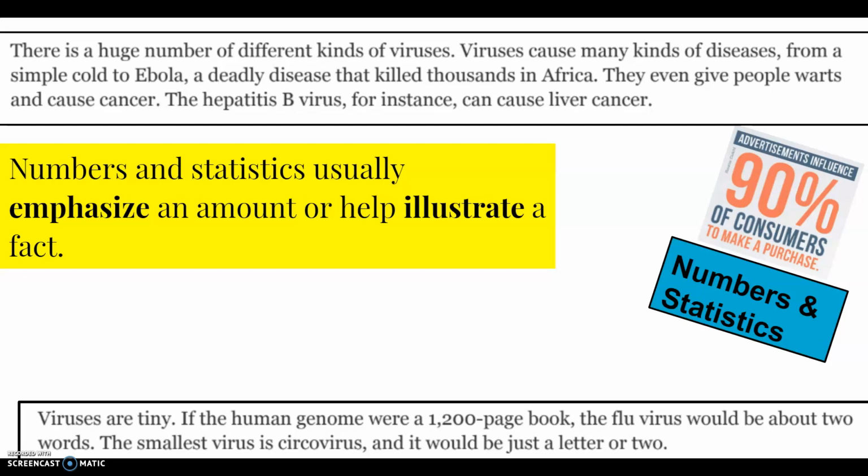He's also emphasizing that viruses are teeny tiny, and then says the smallest virus is the circovirus, and it would be just a letter or 2. So I want to stamp that when you see numbers, the author is choosing to use numbers or statistics. The purpose is typically to emphasize an amount or help illustrate a fact.